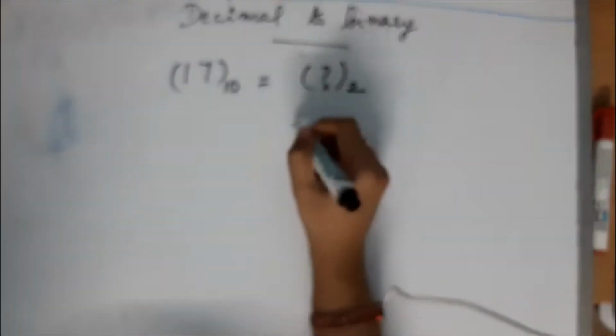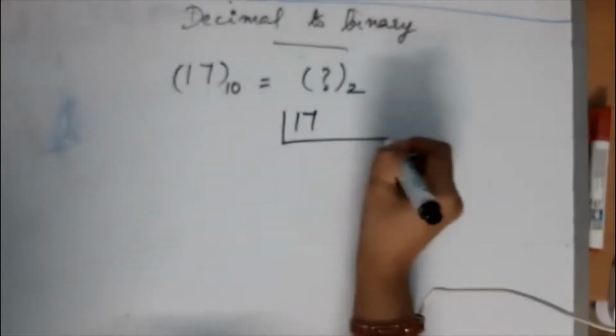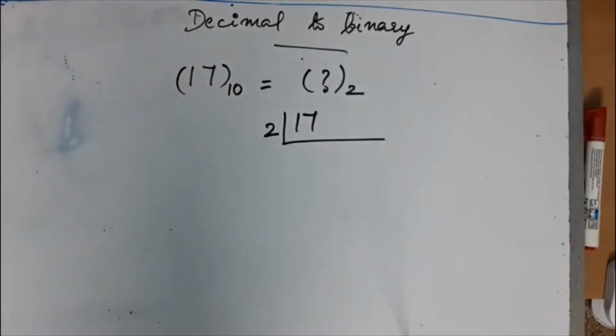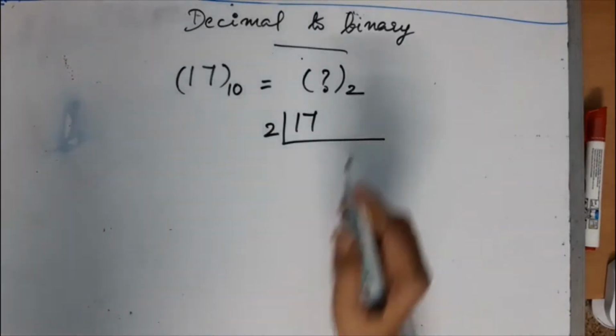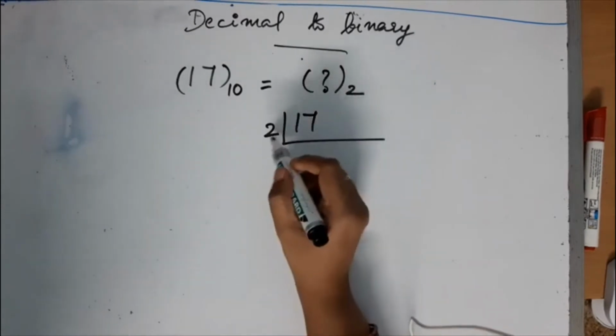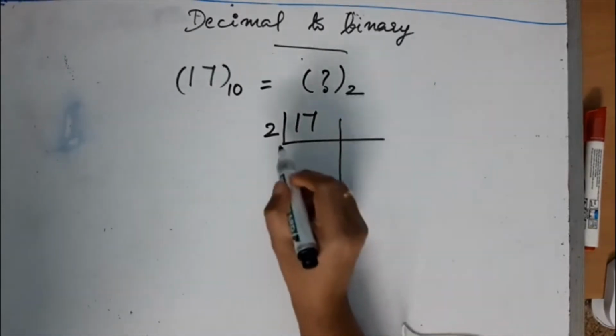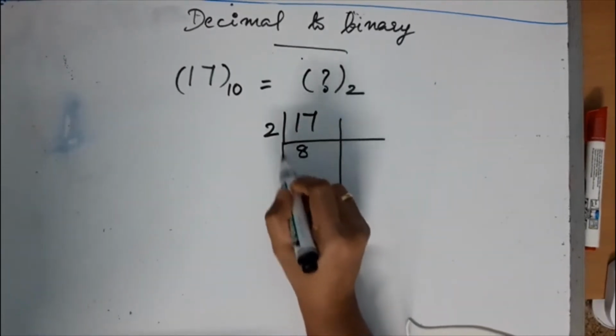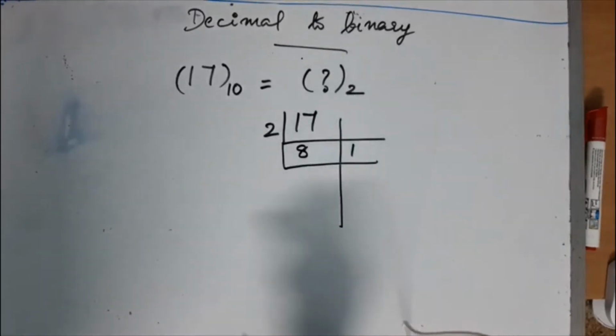So what will we do? 17 is continuously divided by 2, because we want to convert it to binary. So what is the quotient? 8 2s are 16, remainder 1.